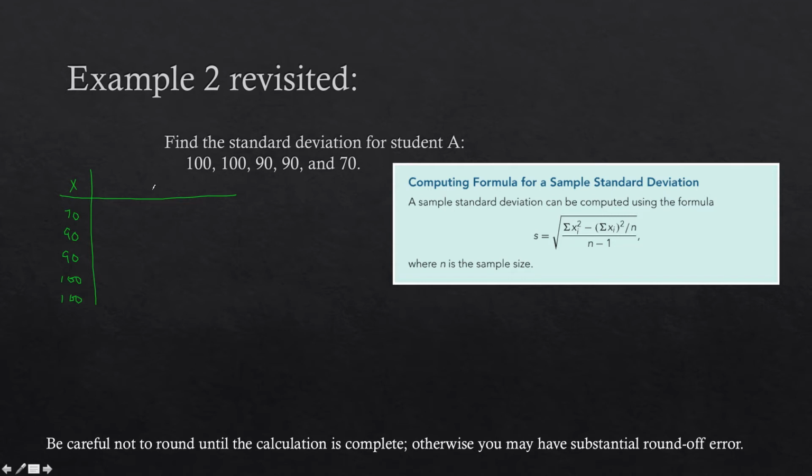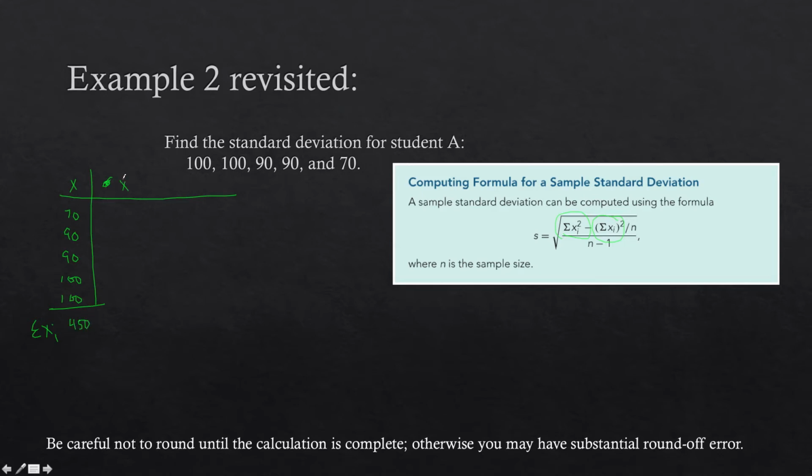Now notice what I'm wanting. I'm wanting the sum of x squared and the square of the sum of x. So what we need to do is figure out what the sum of x sub i is. That would be adding all of these up. And we found earlier that it's 450.